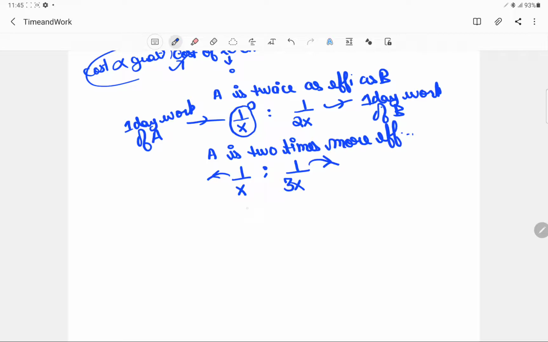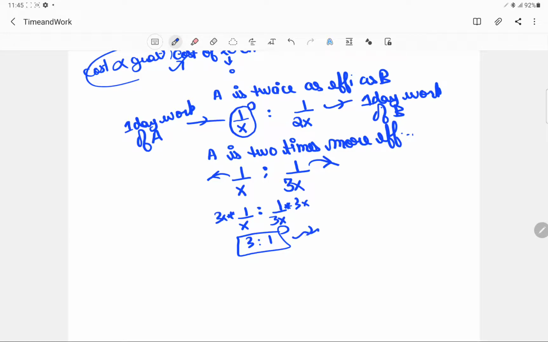And if you want to calculate the efficiency, go for it. This would be like 1/3x to 1/x. This is the one day work. The reverse of that would be the number of days they would be taking. More the number of days, less the efficiency. Since it's a ratio, you can approach it like this: 3x to x, and this would be 3:1.